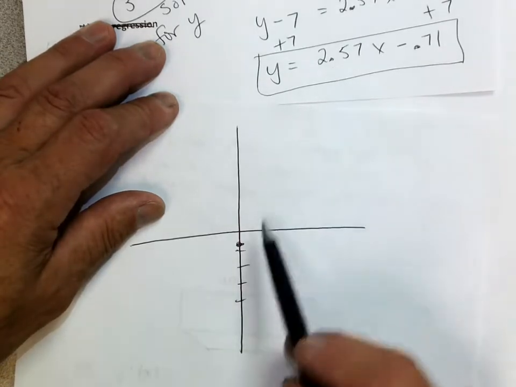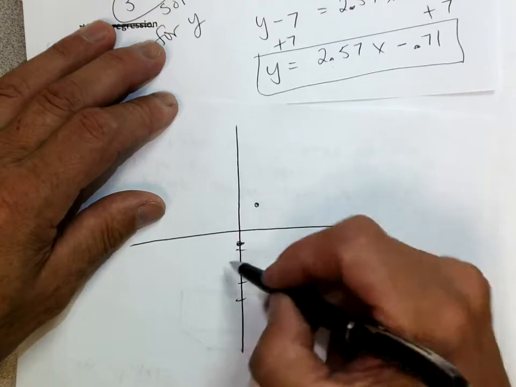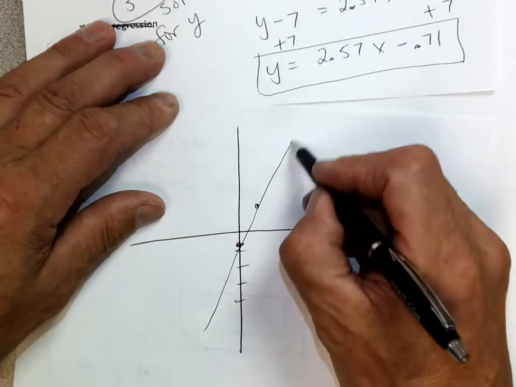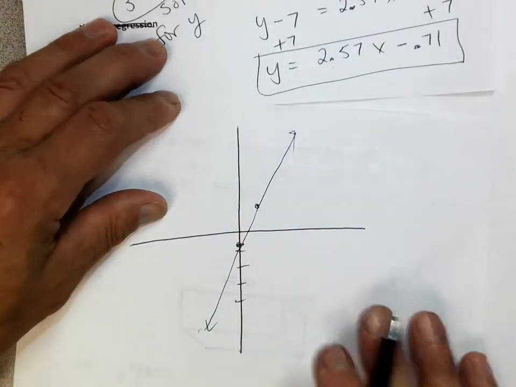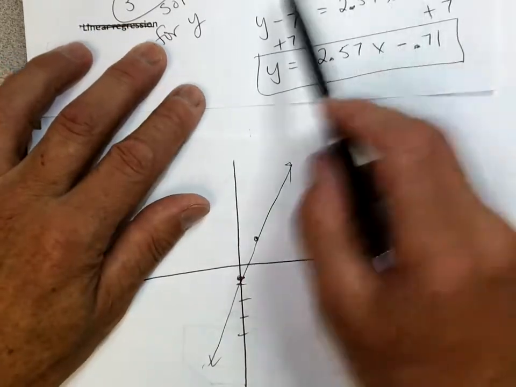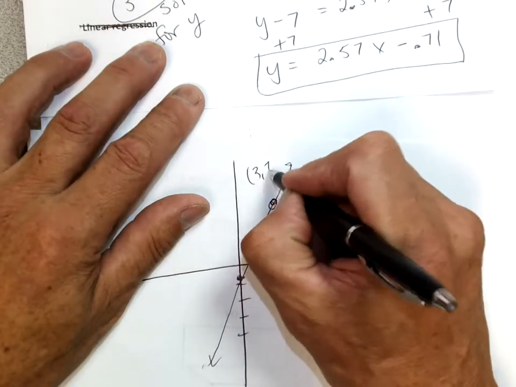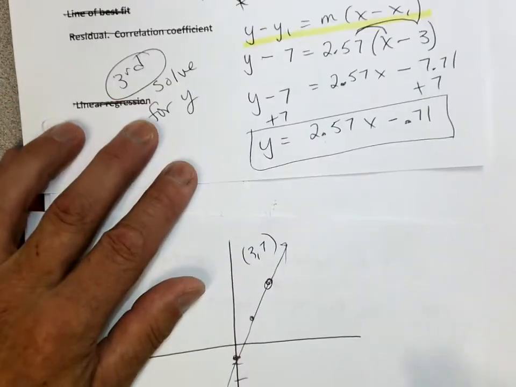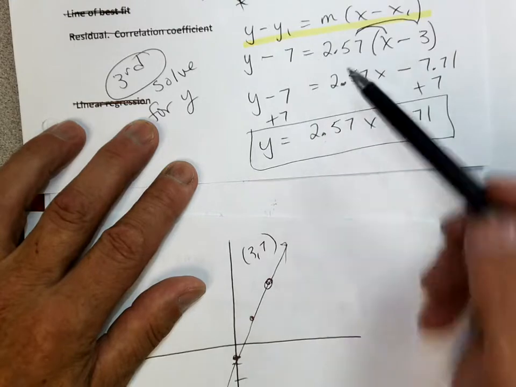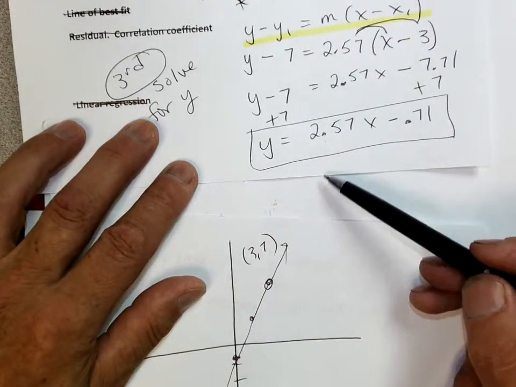I'm going to go up 2.57 over 1, and the graph is going to look something like that. It doesn't have to be perfect. Because we have this slope, and because we used our one point, the (3, 7) has to be on the line. Has to be, right? And so will the (10, 25), because we keep going up, keep going up, keep going up.